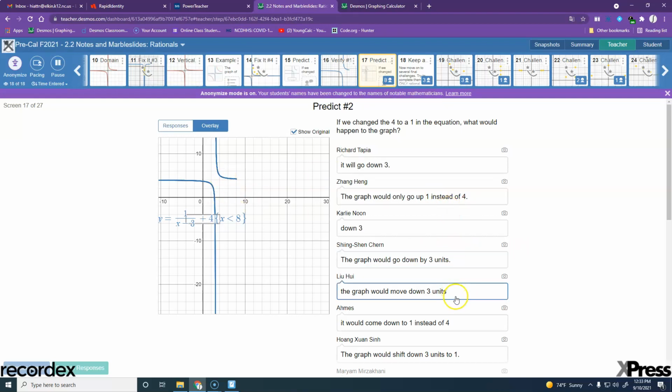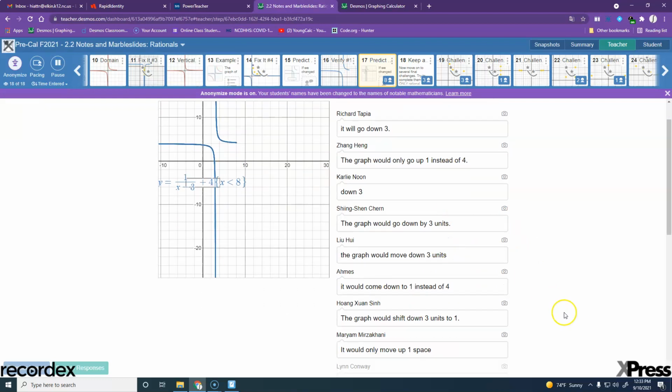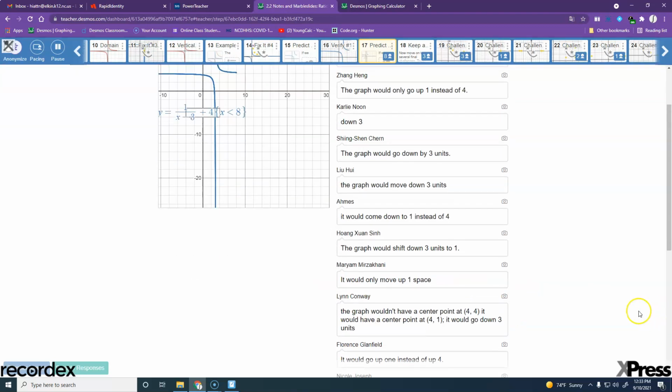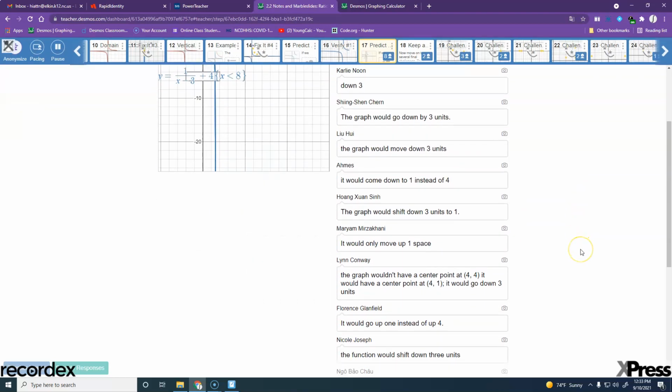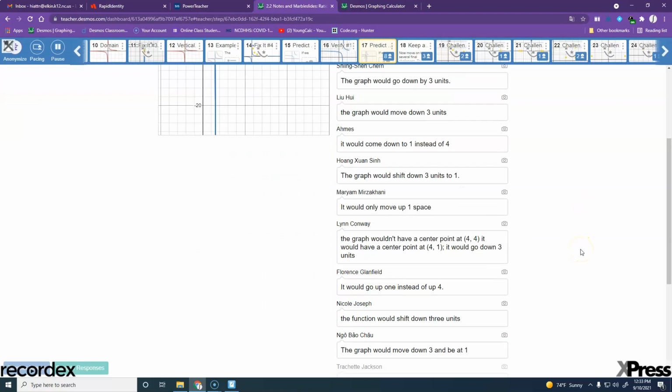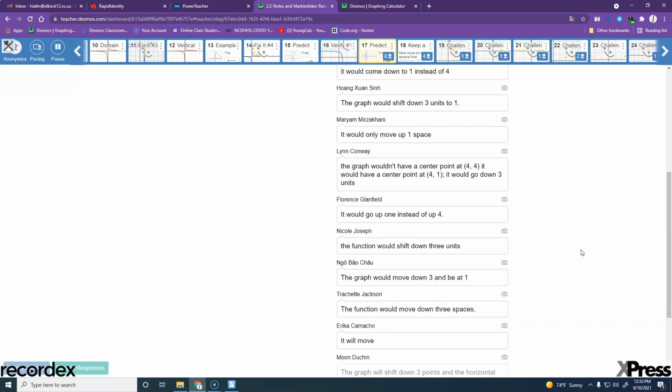Several of you said something about 3. Others of you compared the 1 and 4, right? But it should move it up or down because this number's out here on the end of the graph, right? So I did see a left somewhere, but I think somebody changed that there.